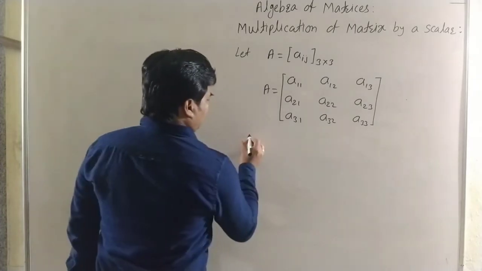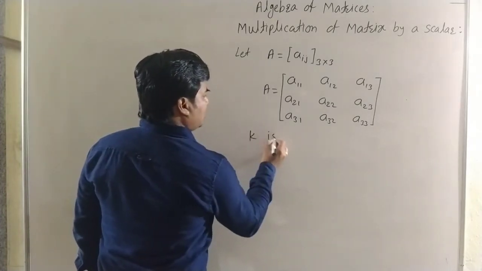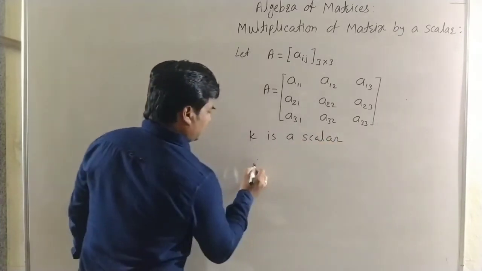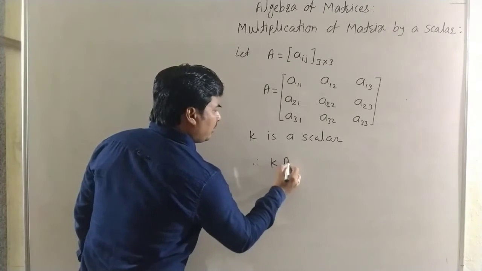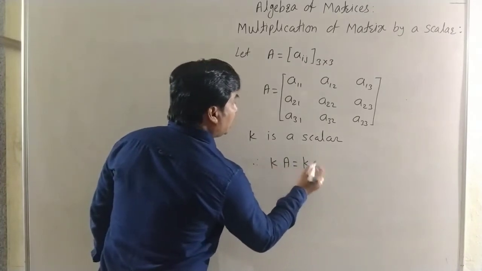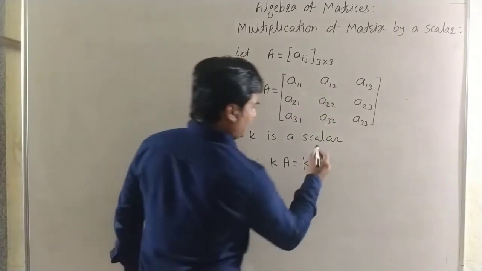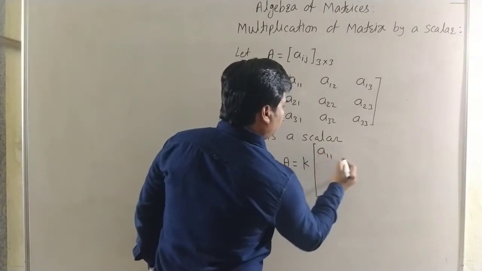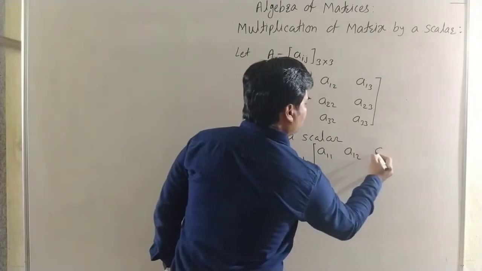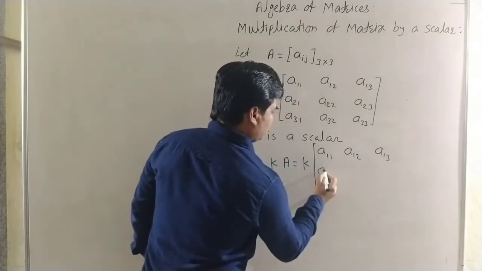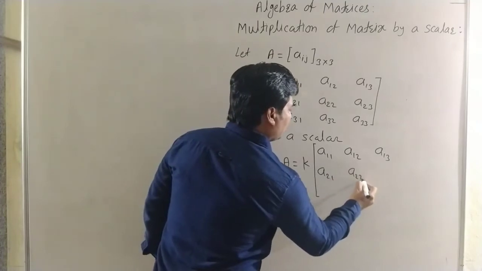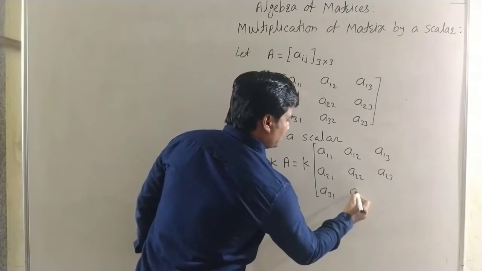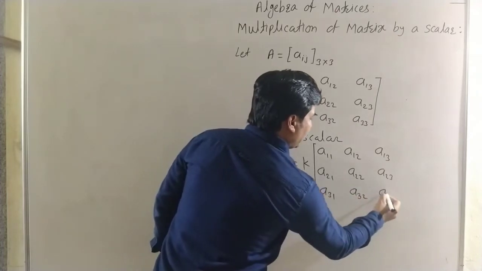Now we multiply this matrix by a scalar. Here K is a scalar. Then we find K into matrix A. That means K into this matrix: A11, A12, A13, A21, A22, A23 and then A31, A32 and A33.